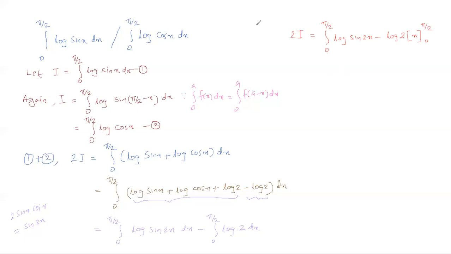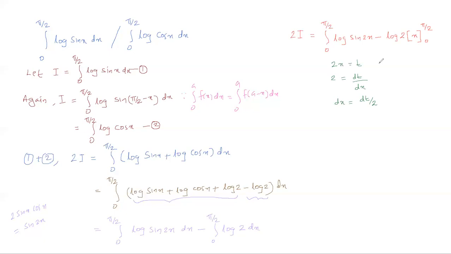So now in the first expression, you can put 2x is equal to t. So differentiating, 2 is equal to dt by dx. That implies dx is equal to dt by 2. Now we changed the variable.